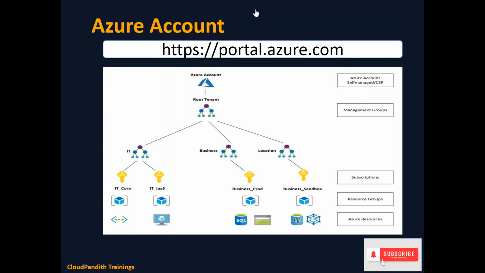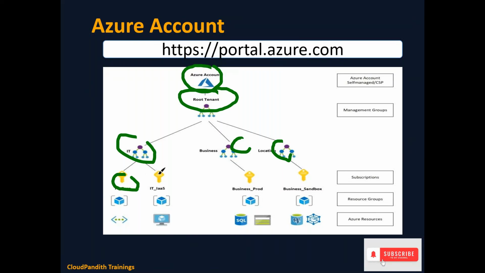Once we have an Azure account, next we have something called a root tenant. Automatically a tenant will be created. Then there will be something called management groups. What is a management group? Think of a management group as used to organize multiple subscriptions together. Here we have core, IAS, and these all belong to IT.